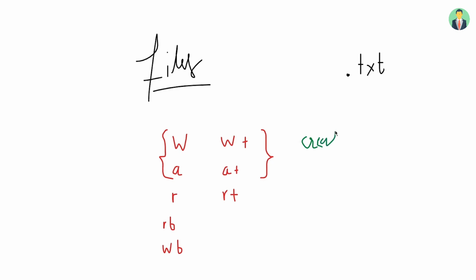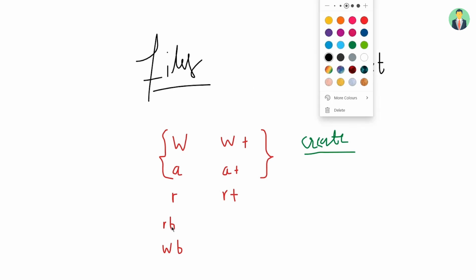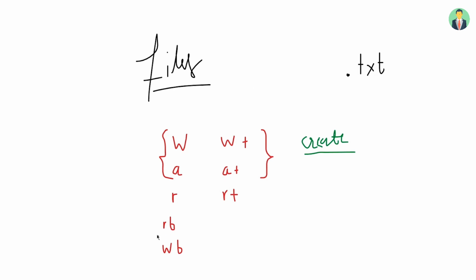So first they would look for a file, and if not found, they would create a new file. These modes, on the other hand, even WB, would create a file if it does not exist. And these modes, which deal with reading data, do not create a file if it does not exist.